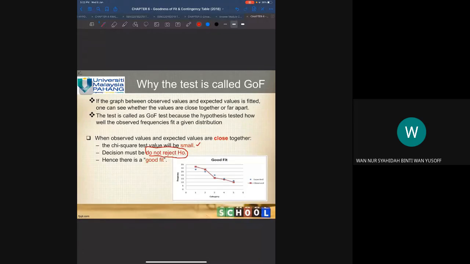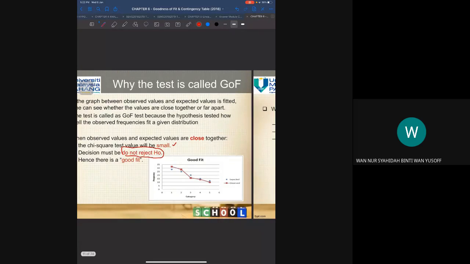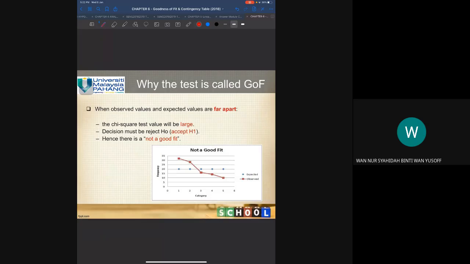If your chi-square value is large, it means the decision is reject H0. Rejecting H0 means that the observed value is far from the expected value, so it is not a good fit. We do not want that kind of situation.